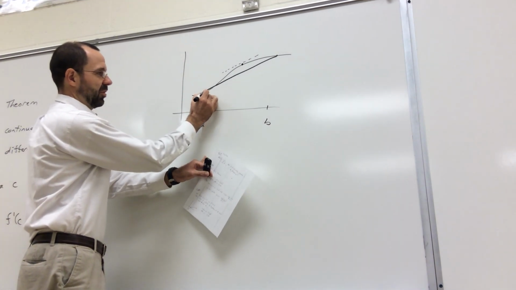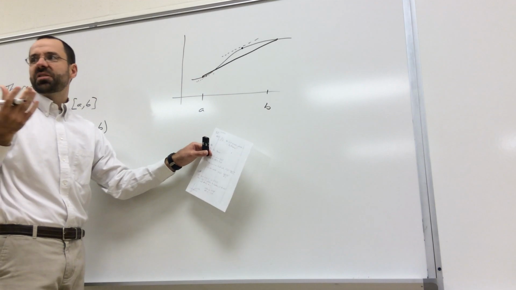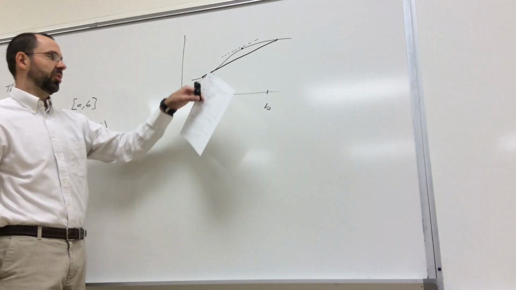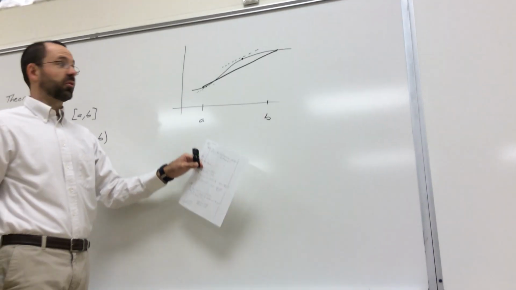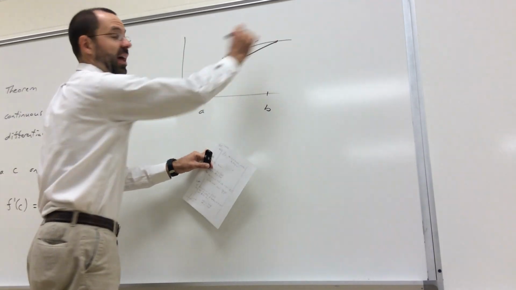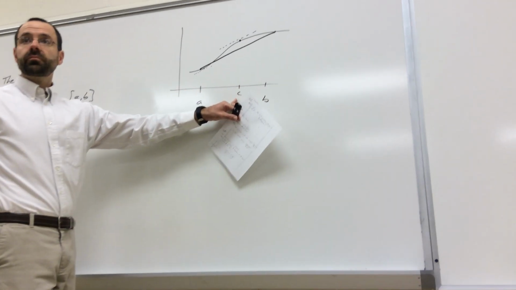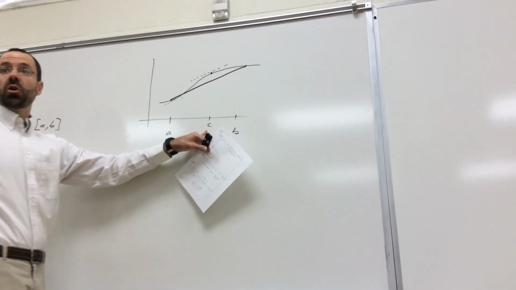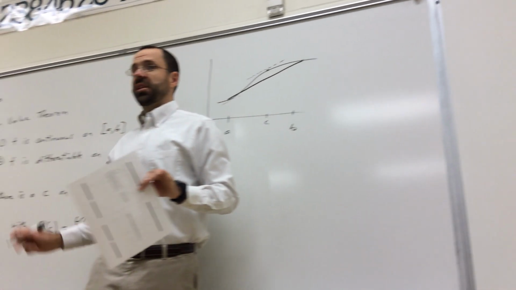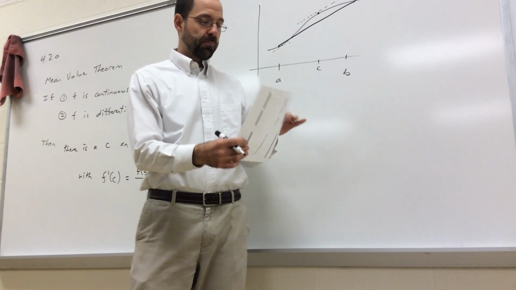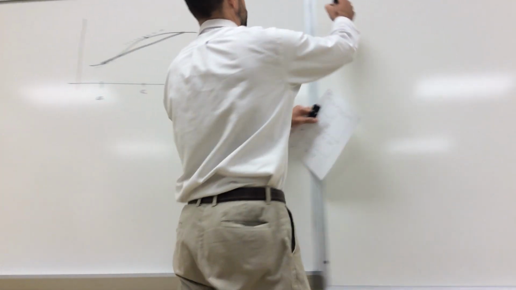There could be another one right here. I don't know exactly how this graph goes, but it's possible there's a second one. You could argue with me whether that's actually a tangent. But for sure, there's one there that equals that. Okay, so this is C right here. It's the x value where the slope of the tangent line is equal to the slope of the secant line.